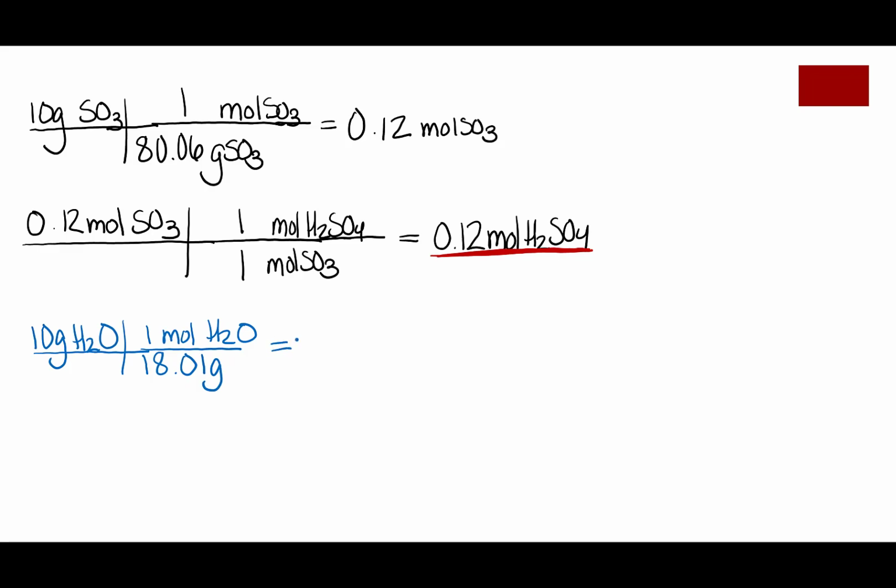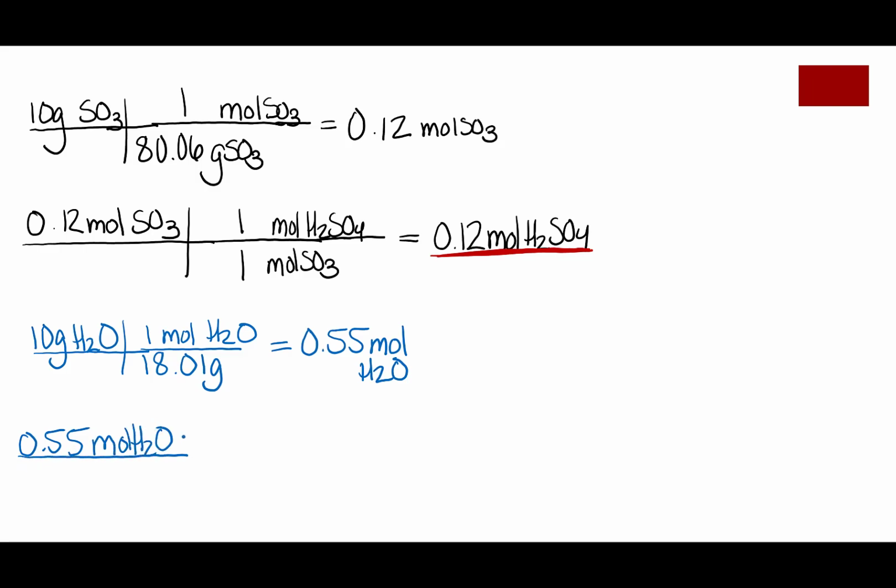Multiply across the top, divide by the bottom. So then we are left with 0.55 moles of water. Start a new train track. We're going to go from moles of water to moles of sulfuric acid.